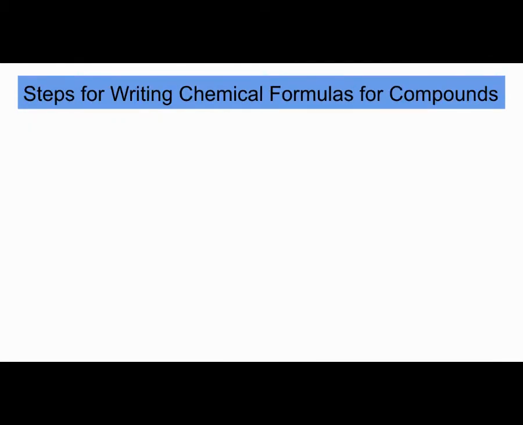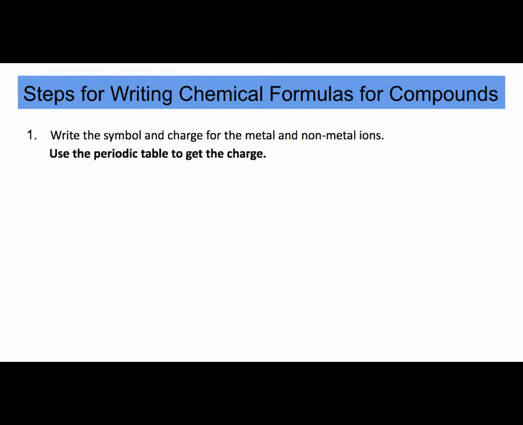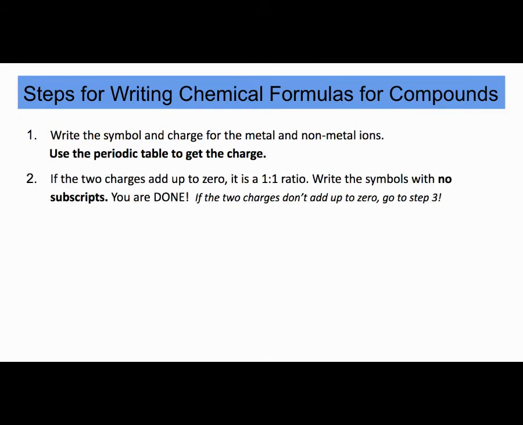Okay, so we're going to follow 3 basic steps for writing formulas for compounds. The first step is that we're going to write the symbol and the charge for the metal and the non-metal ions. And we're going to use that periodic table that you just saw in order to get that charge. The second step is to check those charges. Do they add up to 0?